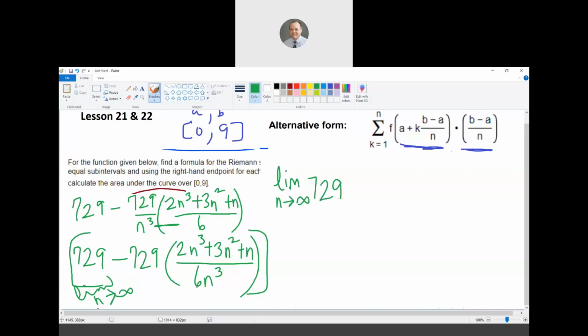And I'm just splitting this up. And I can actually move that 729 in front of our second limit. Oh, and that should be infinity right here, so sorry.